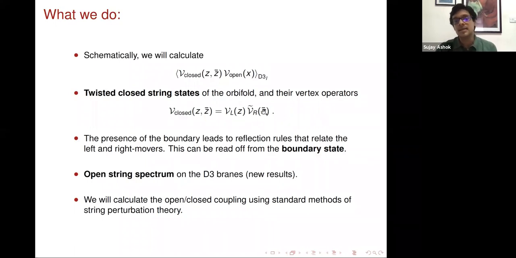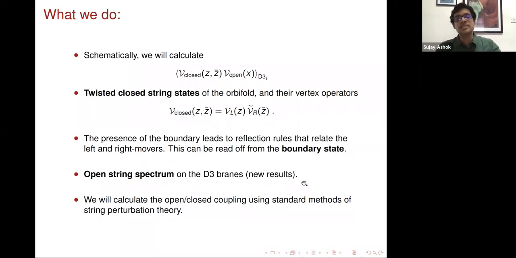Once we have that, the new information we need is the boundary state that describes this particular D3 brane, partially extended along the orbifold. And lastly, we need the spectrum of open strings for these funny D branes, and this is going to be new. Even the boundary state for the Z2 orbifold was already known earlier, but for the ZN case, we do it in a second paper. Once we have this information, it's just standard perturbation theory.